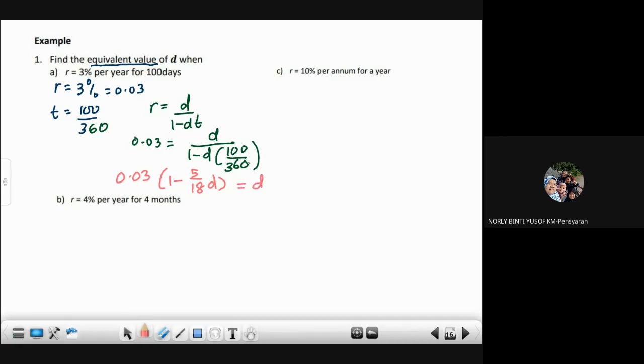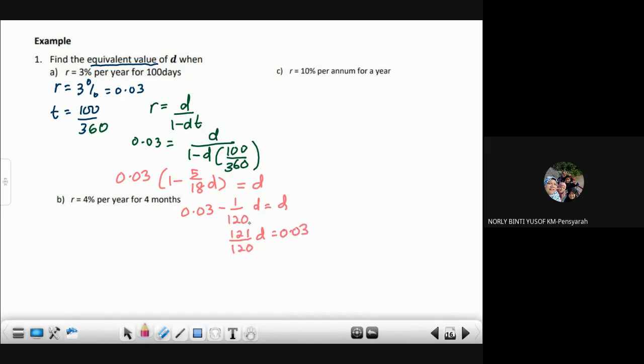Sama dengan D. Ni naik atas darab 0.03. So you akan dapat nanti 0.03 tolak 1/120 D sama dengan D. Nanti selesaikan. Kumpulkanlah D tu, akan dapat 121/120 D sama dengan 0.03.